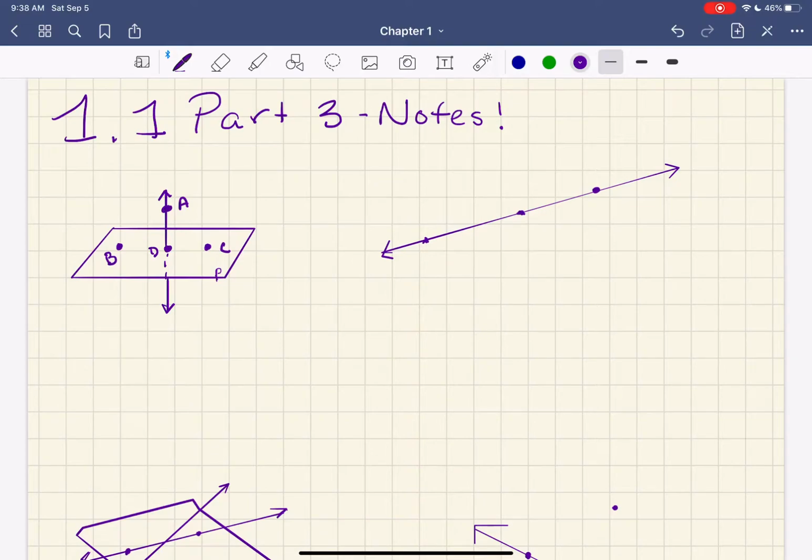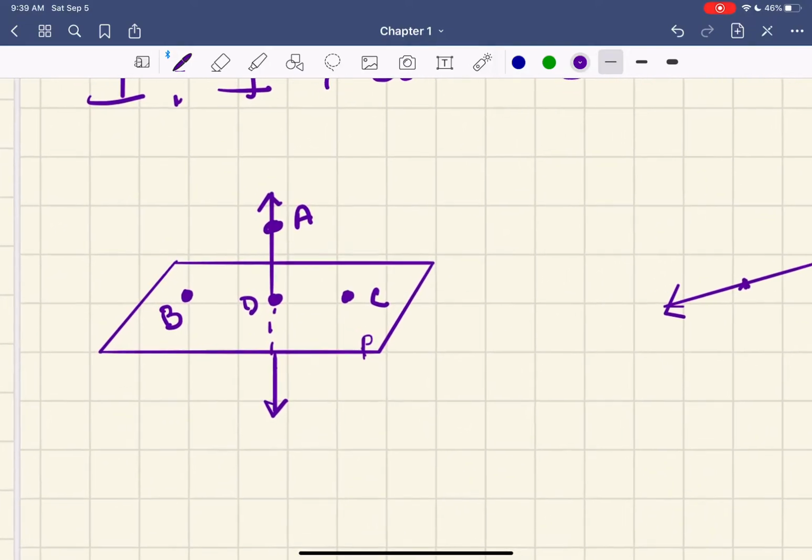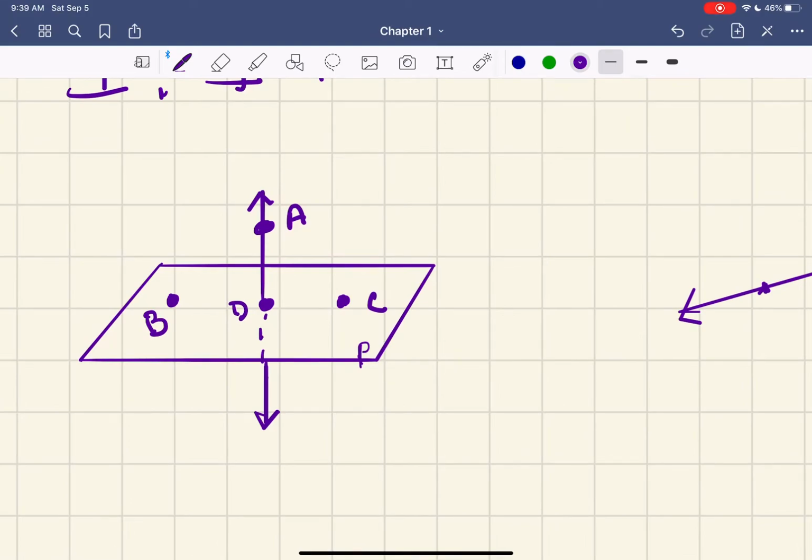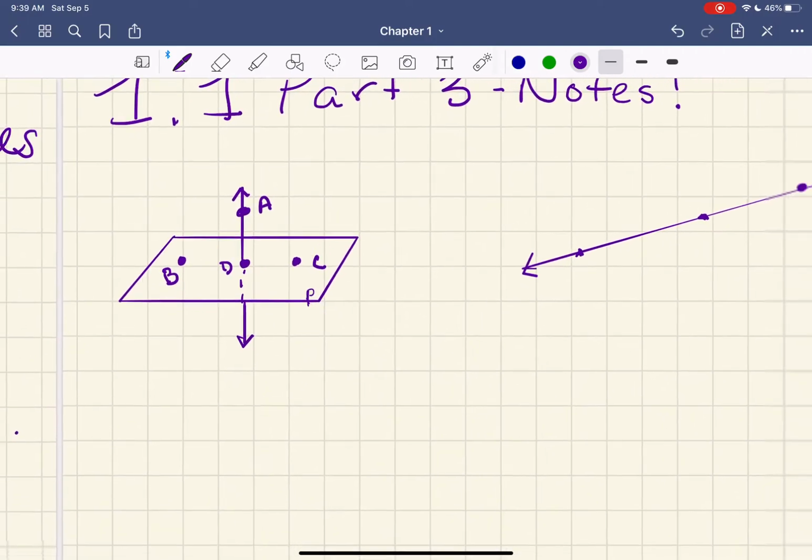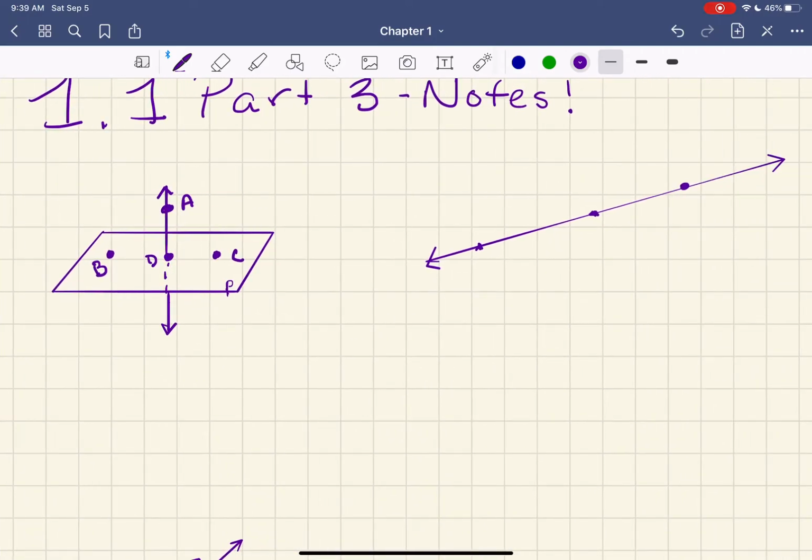Hopefully part 2 was able to help you visualize what is happening when you see a picture like that. That is something that I'll draw for you instead of just showing you in the 3D space, or obviously your book will be drawing these things in 2D space.